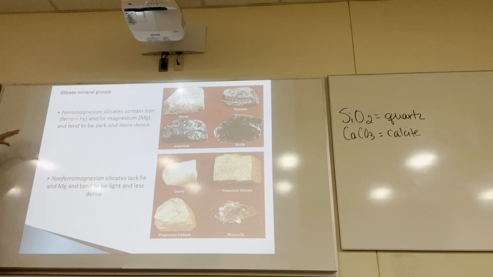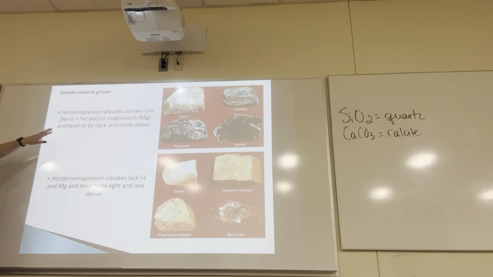So one example would be ferromagnesian minerals. They're also called these dark silicate minerals. They are formed from a particular type of magma or lava that is known as mafic magma or lava. It's also known as basaltic magma or lava.